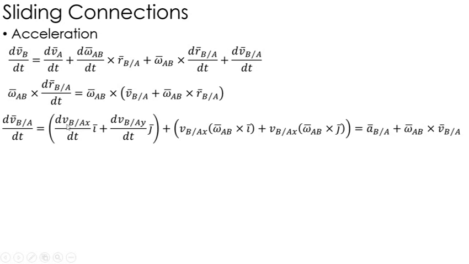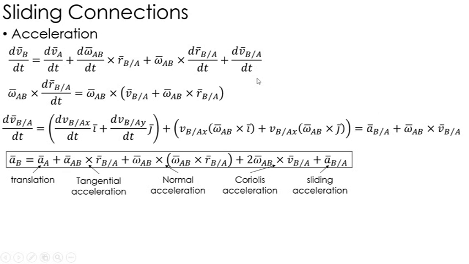It's the time derivative of v in the x and y direction, and then I've got the velocity times omega cross i plus the velocity times omega cross j. Effectively, notice that this looks very similar to what I had for dr/dt. It's just that instead of v, omega, and r, I have a, omega, and v. So it's the same approach. Now, plugging all of this into that top equation, I get the following.